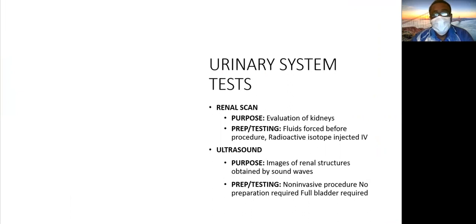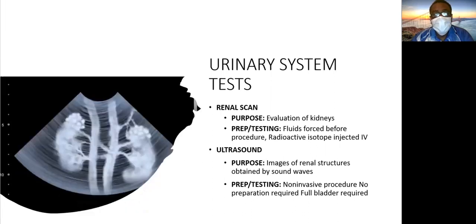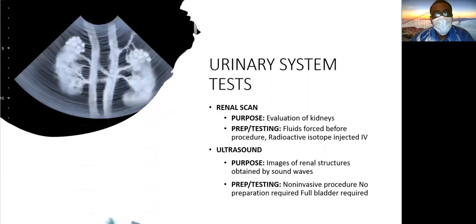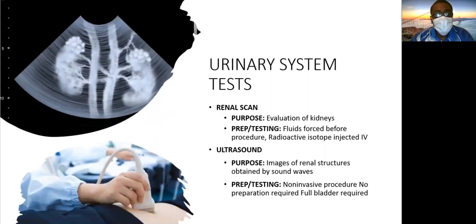The ultrasound scan works by sound waves to produce those images you see on the screen. It's a non-invasive procedure. No preparation is required, but a full bladder might be required. So that would be our renal scan, and that would be our ultrasound scan.